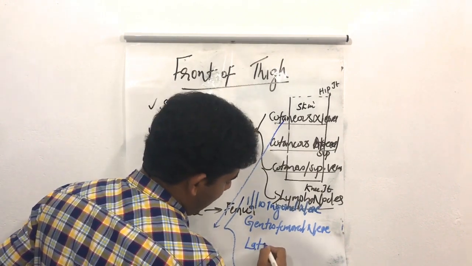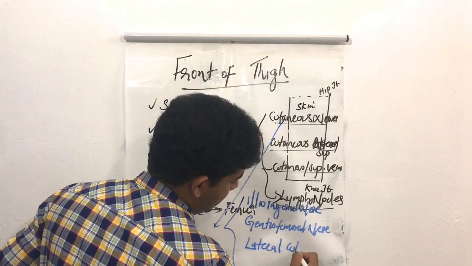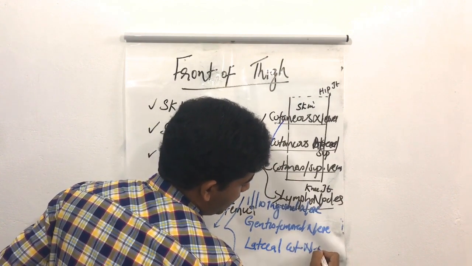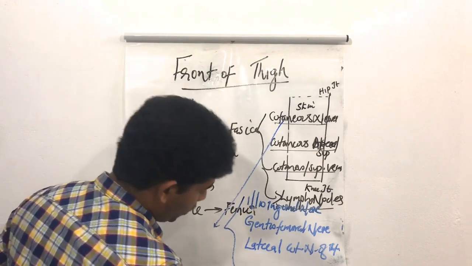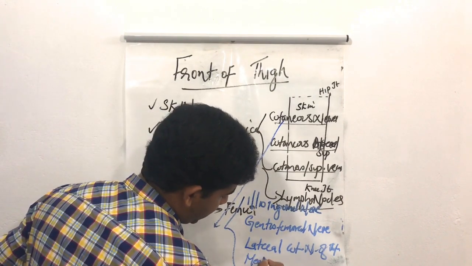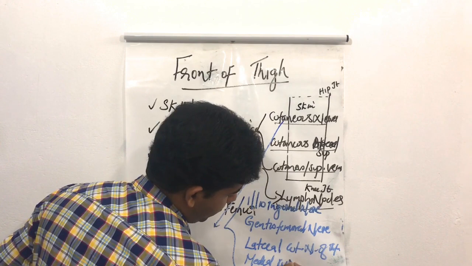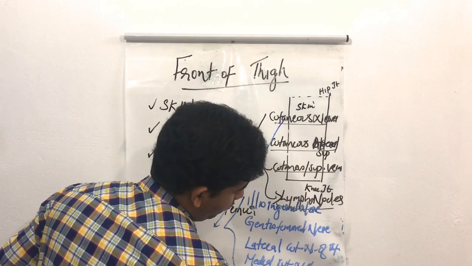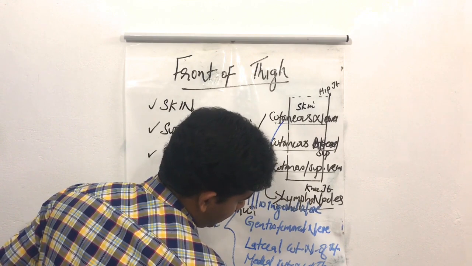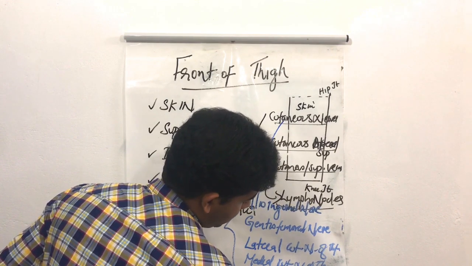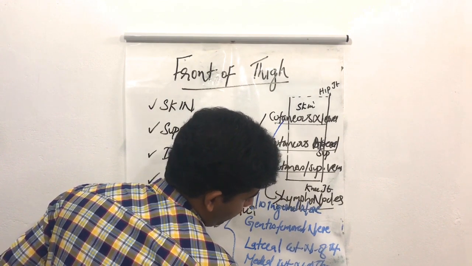Third, the lateral cutaneous nerve of thigh. The fourth one, the medial cutaneous nerve of thigh. And the last one, the intermediate cutaneous nerve of thigh.